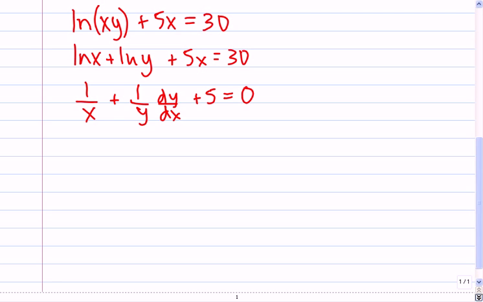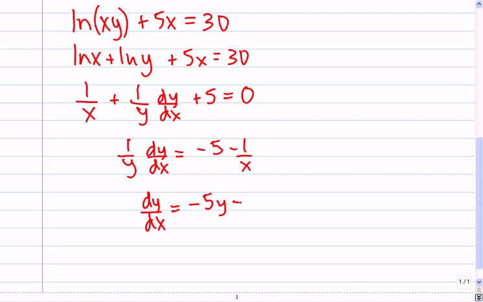So what I could do is keep 1 over y on this side, and that'll be dy by dx equals negative 5 minus 1 over x. And then I've got to multiply everybody up by y. So dy by dx equals negative 5y minus y over x.